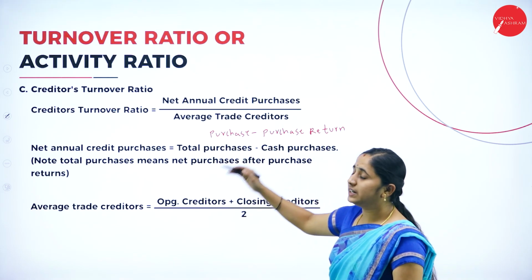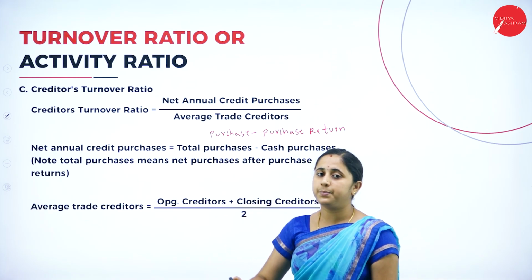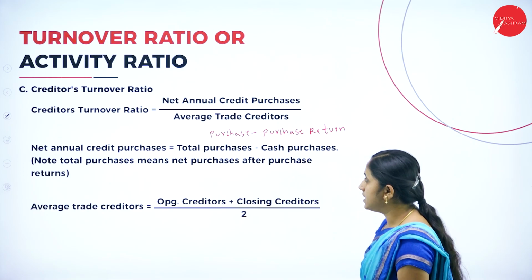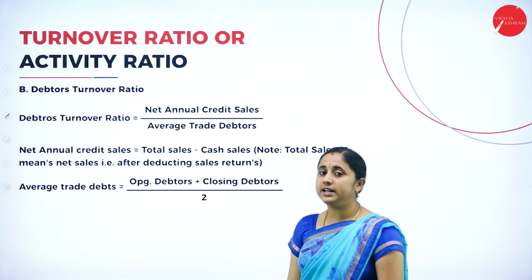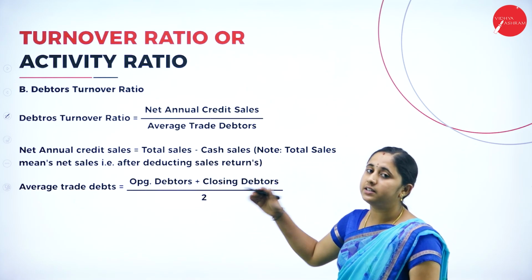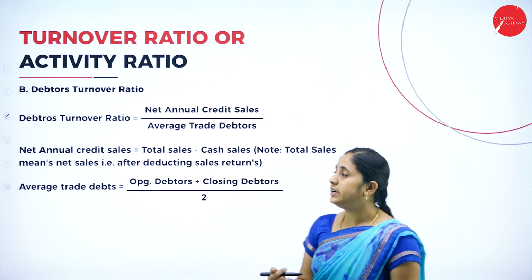So here we will get the answer: the number of days or months taken to repay the money to the creditors. Next, the debt collection period. In the debtors turnover ratio, we calculate the number of days or months taken to collect the money from debtors.